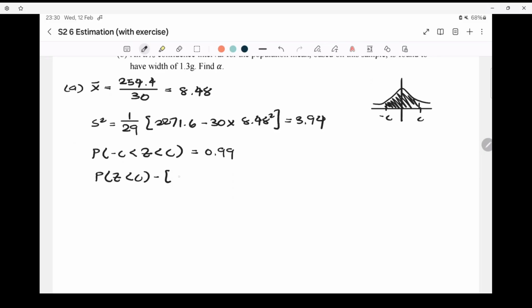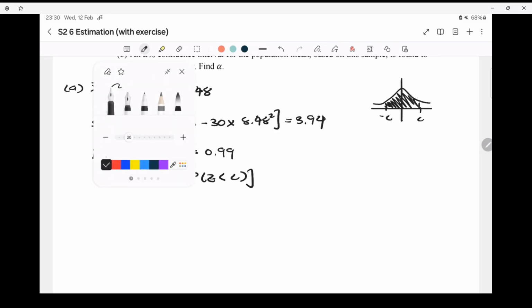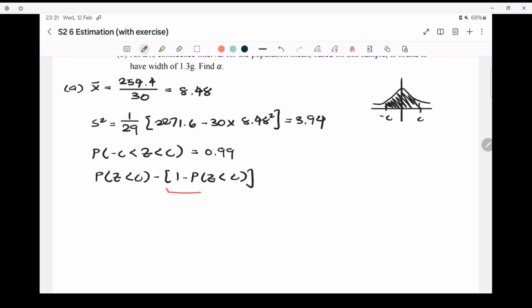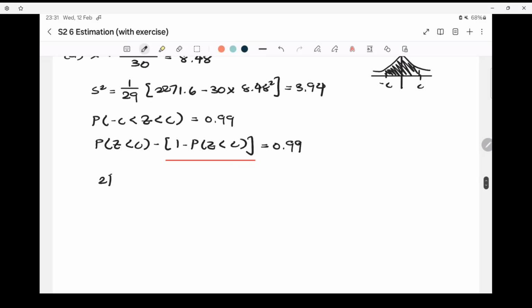So that will be 1 minus P(Z smaller than C). This portion you need to understand how it works. Once you understand how it works, then there's no problem. So this is equal to 0.99. So you have 2 times P(Z smaller than C) minus 1 is 0.99. So P(Z smaller than C) will be 1.99 divided by 2, which is 0.995.